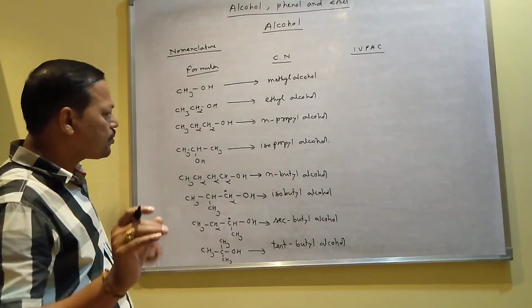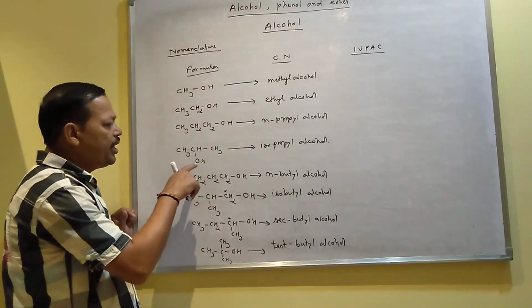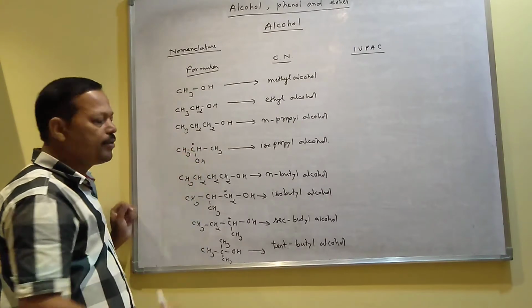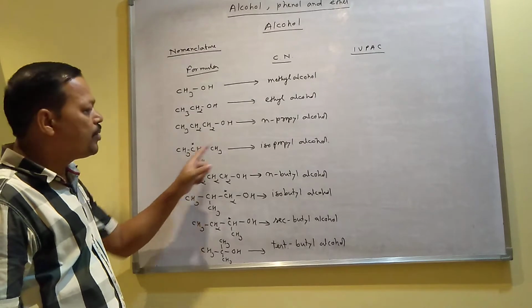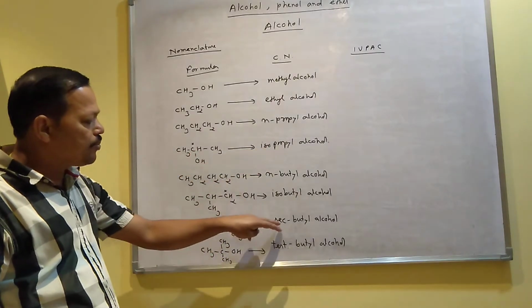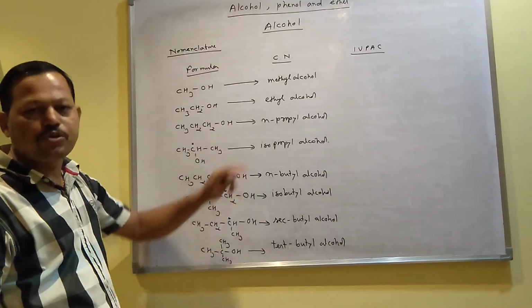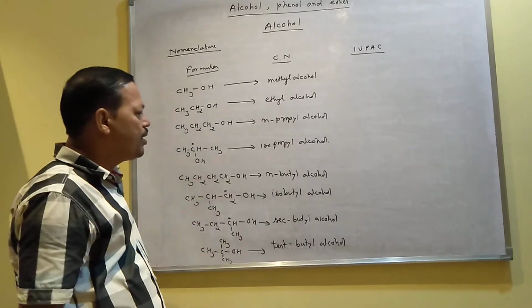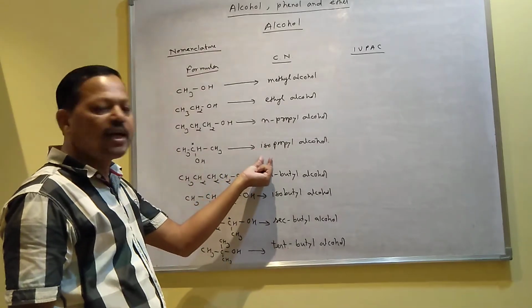But you may get one confusion. In case of propyl, the OH containing carbon, this is primary or secondary? This is secondary, but I have written iso. I have told you in case of secondary carbon you have to write secondary, but here I have written iso. Actually in case of propyl, since only 3 carbon present, that's why iso and secondary both are same.